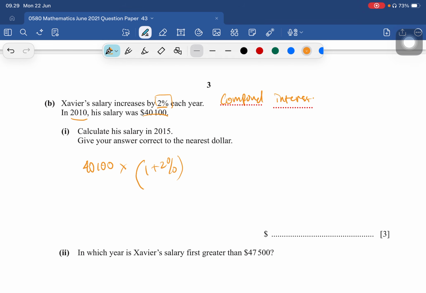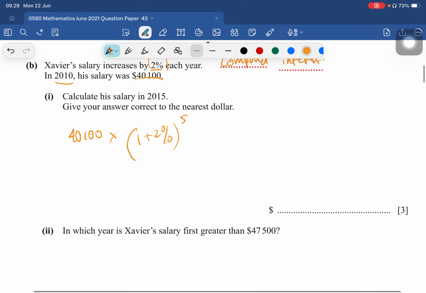So 2010 to 2015 is 5 years, so with the power of 5. So this is 40,100 multiplied by 1 plus 2%, so we get 1.02 to the power of 5.